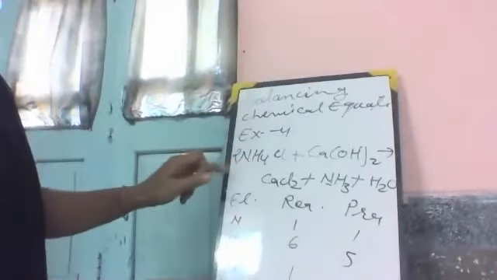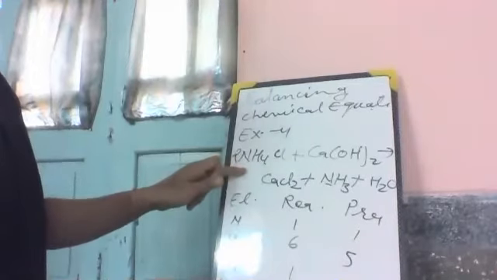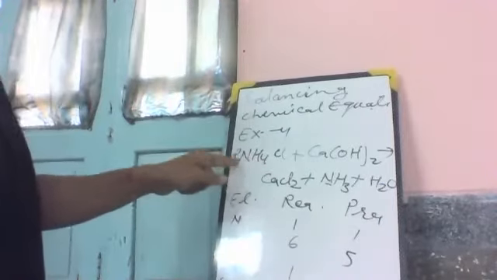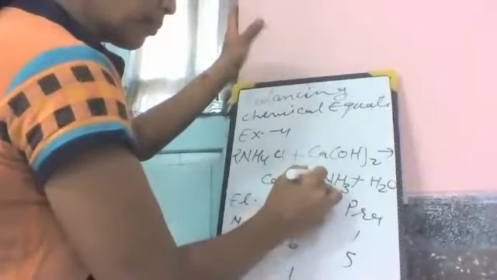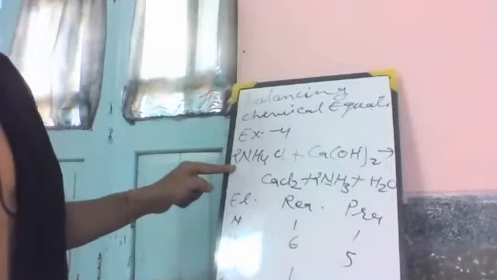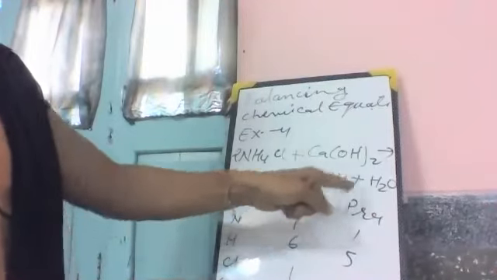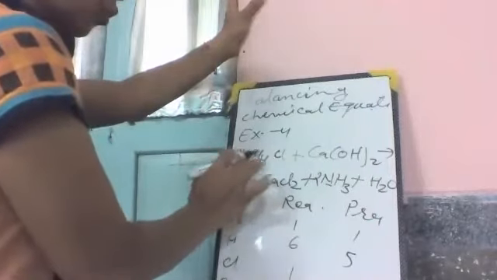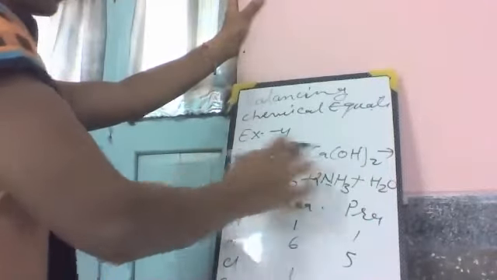If we multiply NH4Cl by 2, the nitrogen becomes 2 in the reactant and here it is 1. So again we multiply it by 2. Now it is 2 nitrogen in the reactant and 2 nitrogen in the product.